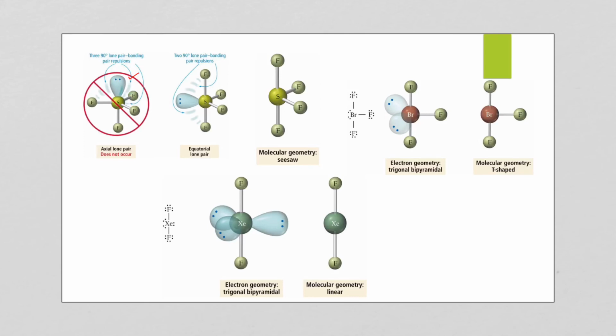The 3 fluorines here are the 3 atoms in the equatorial plane. So 3 90-degree contacts. If you put it in the equatorial position, it only has 2 90-degree contacts, between the equatorial and the 2 axial positions.